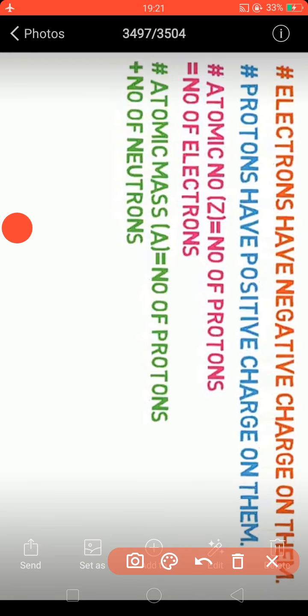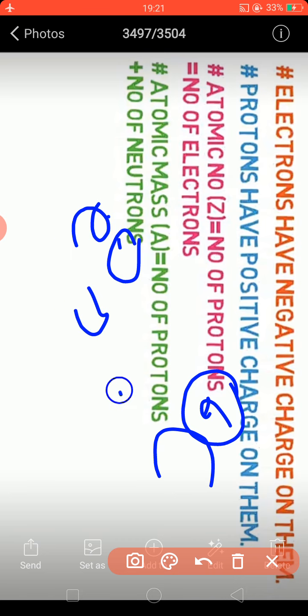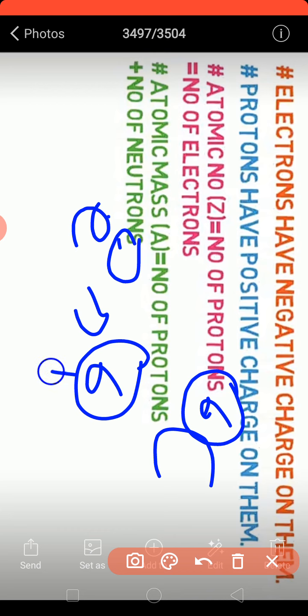In the similar way, if we take the example of carbon, 6 is written over here. What does it mean? Carbon has 6 electrons and 6 protons.